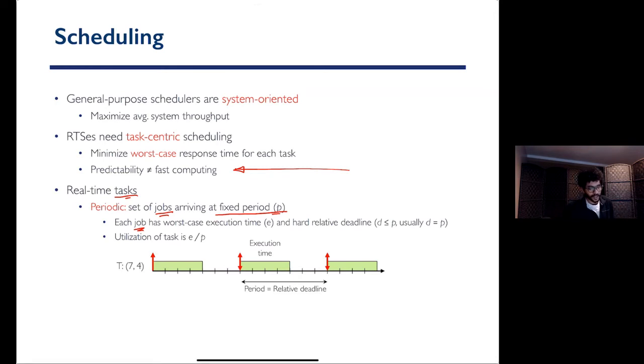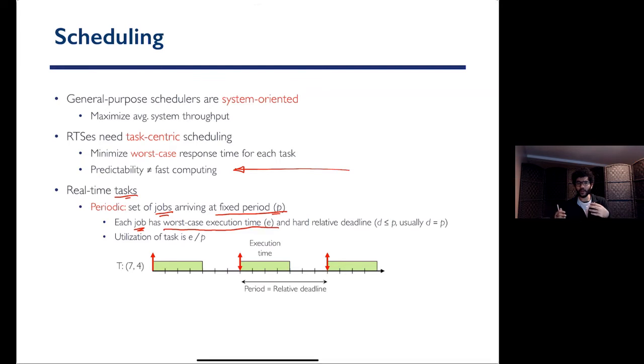Now, this assumption was kind of weird in general purpose systems because there was so much randomness. But now that we're targeting real-time systems, as we talked so far, we want the system to be predictable. So it's not a big assumption to know how long each task takes, because we have made our processor predictable.